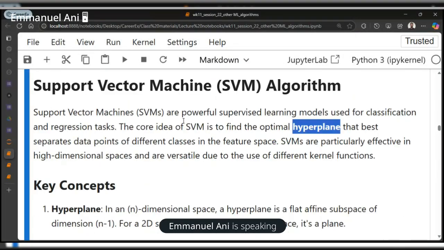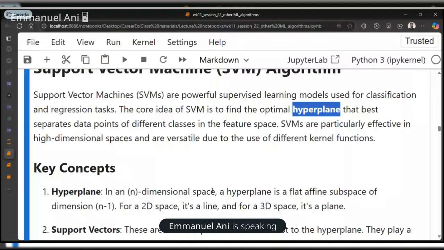As I said, a hyperplane is a dimension that is lower than your original dimension. Your original dimension, or your n dimension in this case, is the number of features you have. Your hyperplane is going to be a dimension lower than your n dimension.